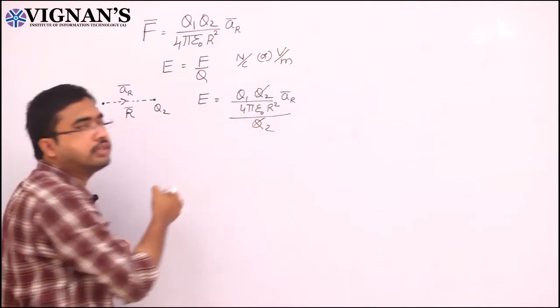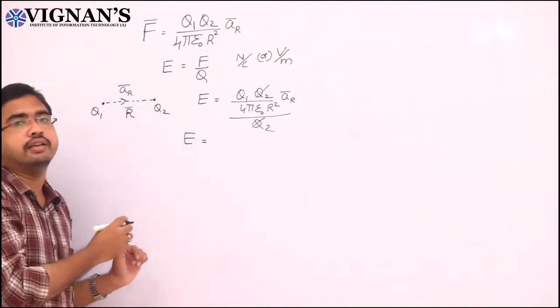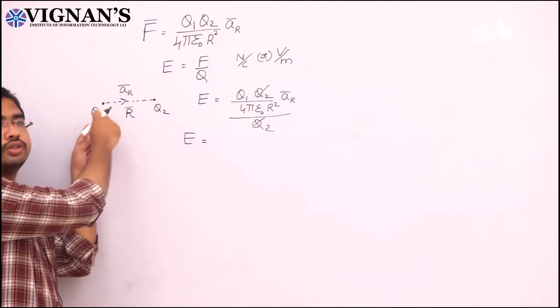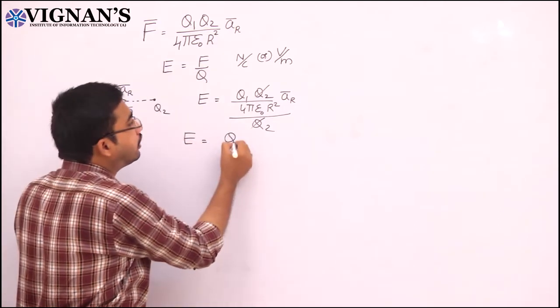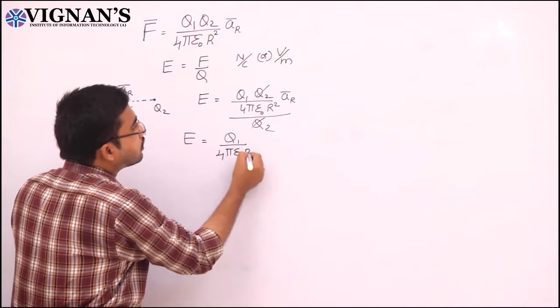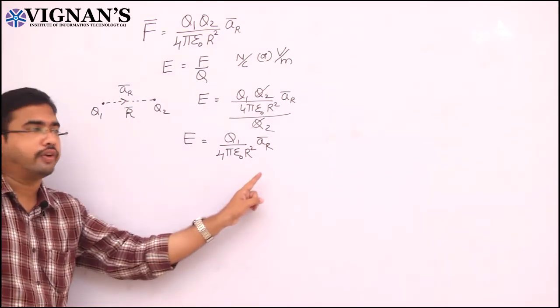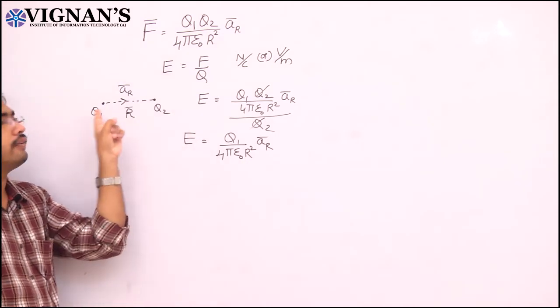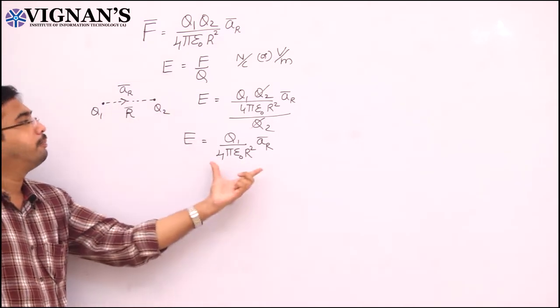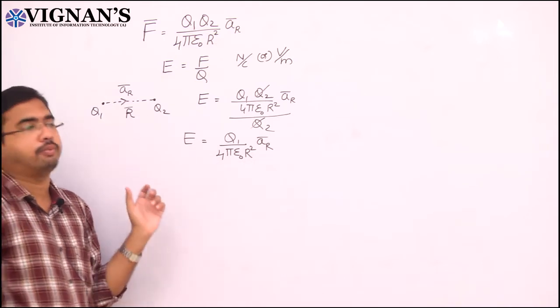Now if this Q2 is cancelled, we can say that the electric field intensity due to a point charge Q1 is given by E equal to Q1 by 4 pi epsilon naught r square into a_r bar, where a_r bar is the unit vector in the direction of the force. Now based on this formula, let us solve one problem.